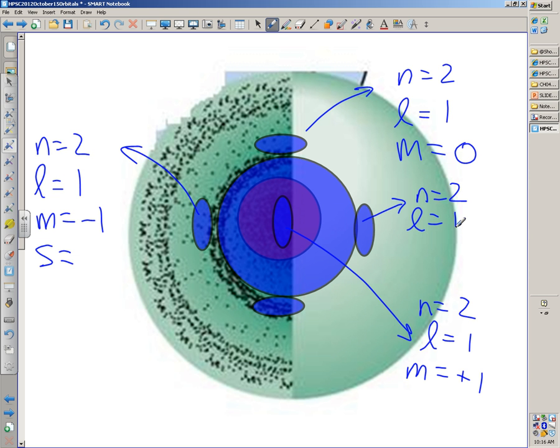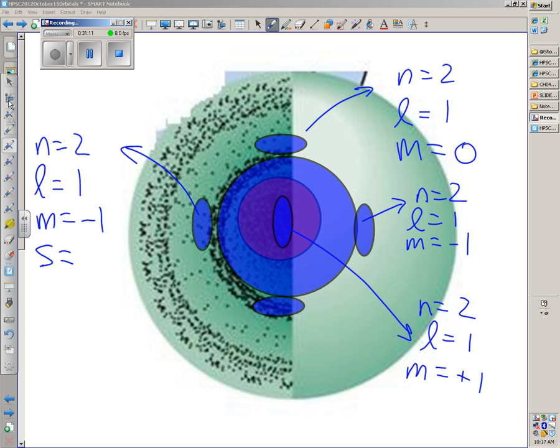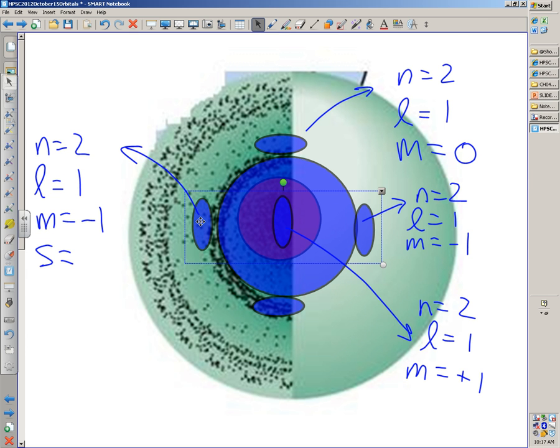It's on the x-axis, so its m value is -1. But here and here are 2 different places. So that's where the spin number comes in. We call this side +1/2 and this side -1/2, because with 4 different numbers, you can distinguish all of them differently.